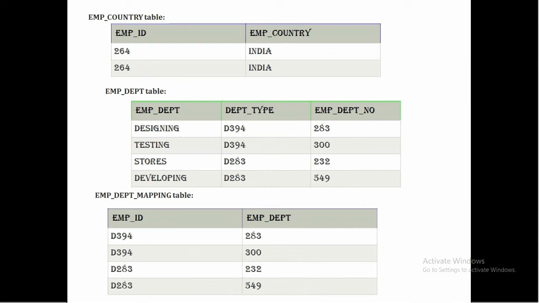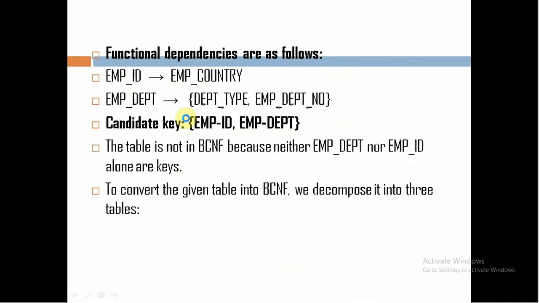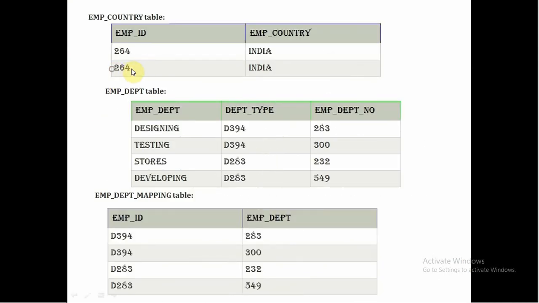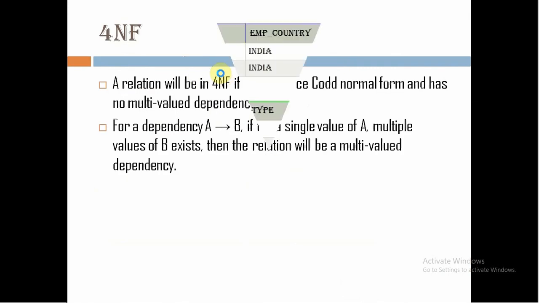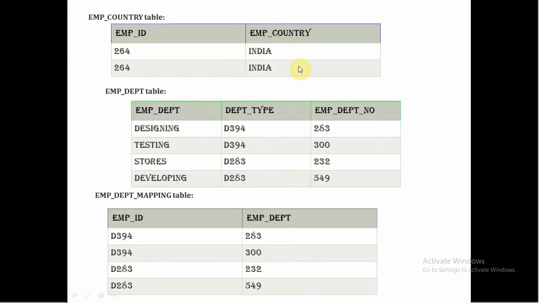These are employee country, it consists of employee ID and employee country. Here 364 UK. Employee department table includes department, department type, department number. And employee department mapping table includes employee ID and employee department. So this is the BCNF.